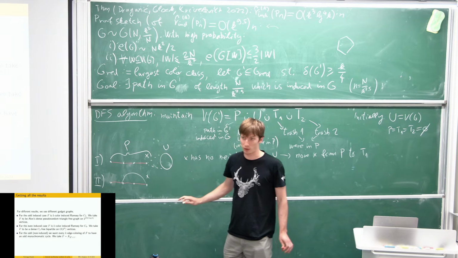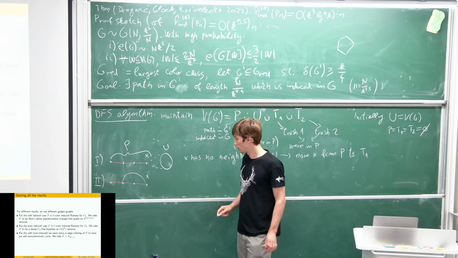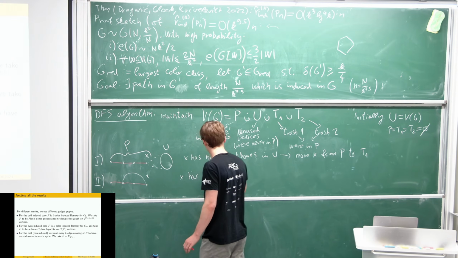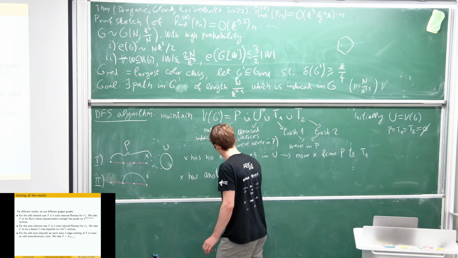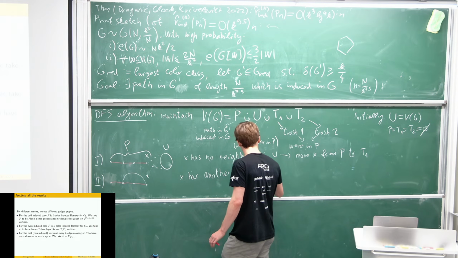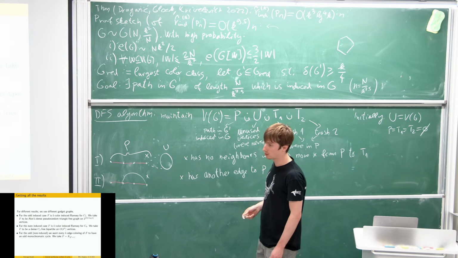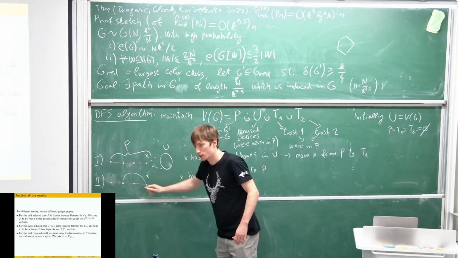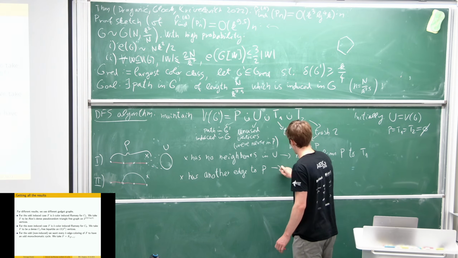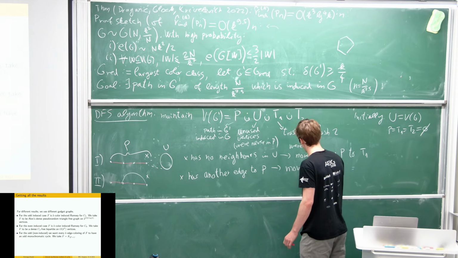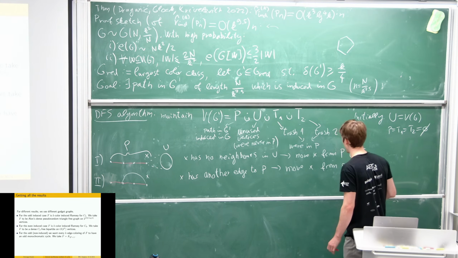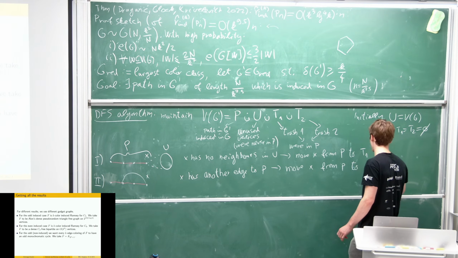This edge does not have to be red, but any edge is not good for us. So if X has another edge to P, another because it obviously has this one edge, but it has a different edge back to P, then we move it from P, but now to the other trash set T2.